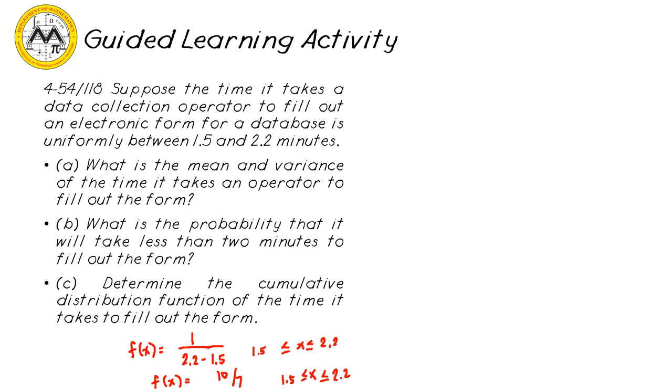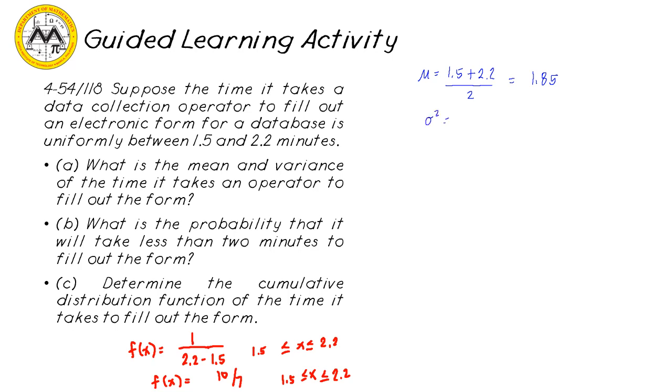So to solve for the mean and variance, the mean is a plus b over 2. So 1.5 plus 2.2 over 2. So that is 1.85.